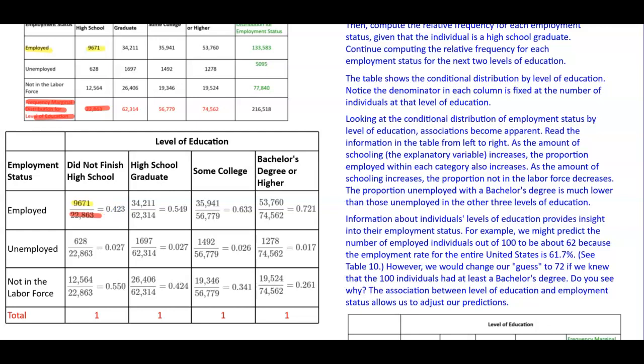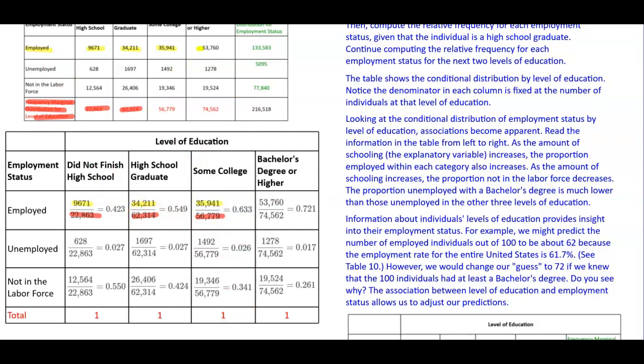Then in the employment status, we're going to take the 34,211 for the high school graduate, and divide that by the total in that column, which is 62,314, to get 0.549. Again, we're taking 35,941, dividing that by the total here for some college to get 0.633.